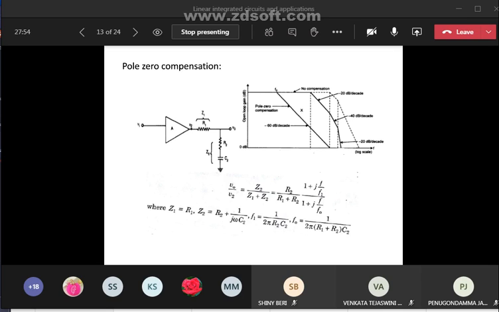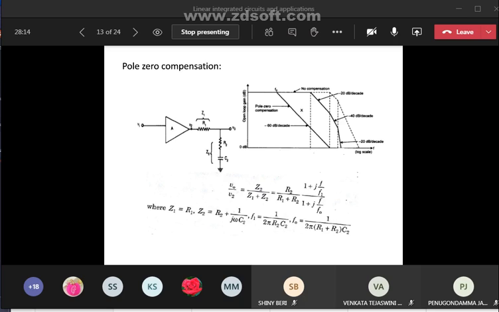So this we can write as R2 plus 1 by j 2 pi f C2 by R1 plus R2 plus 1 by j 2 pi f C2. Then A becomes 1 plus j f by f1 by 1 plus j f by f2, or f0.